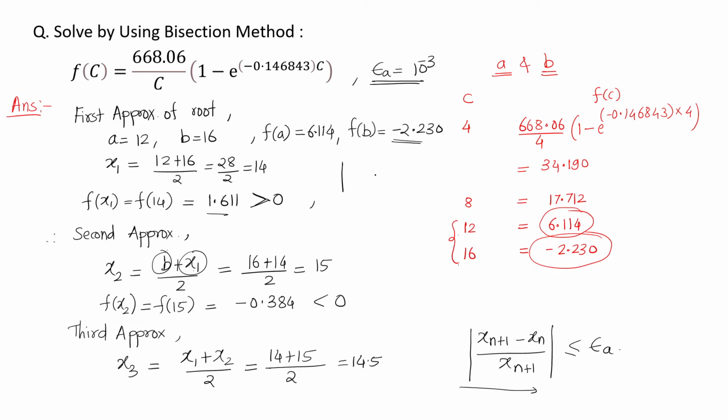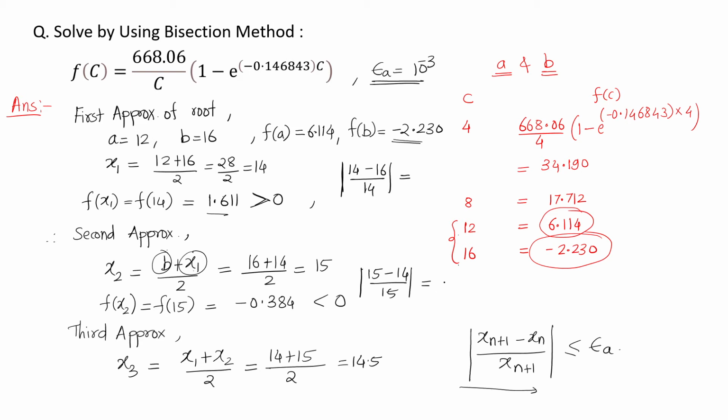At this stage we get x1 is equal to 14, so calculate 14 minus this b value 16 divided by 14, is equal to something. Then calculate here the new root 15 minus the older root 14 divided by 15.